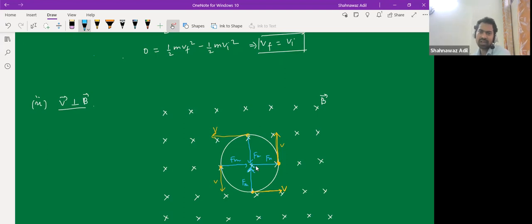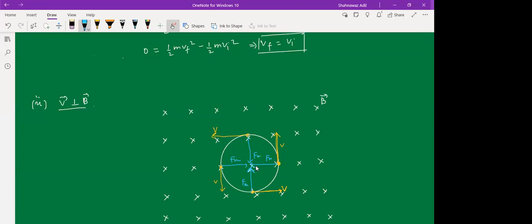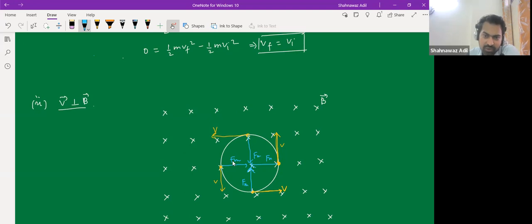What is the force that is directed towards the center? Yes, centripetal force, absolutely right. So this magnetic force will act as centripetal force.